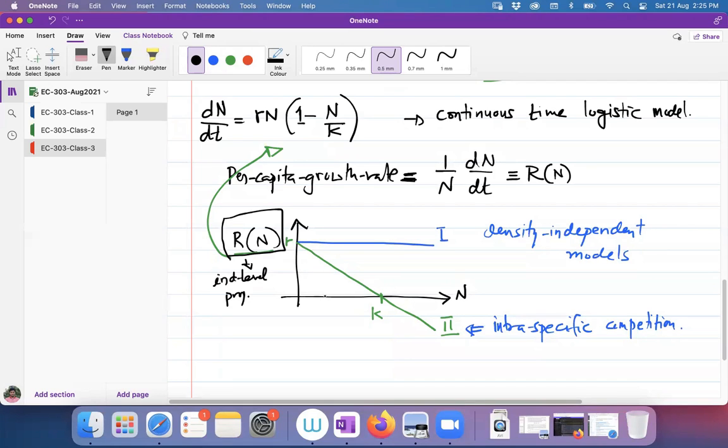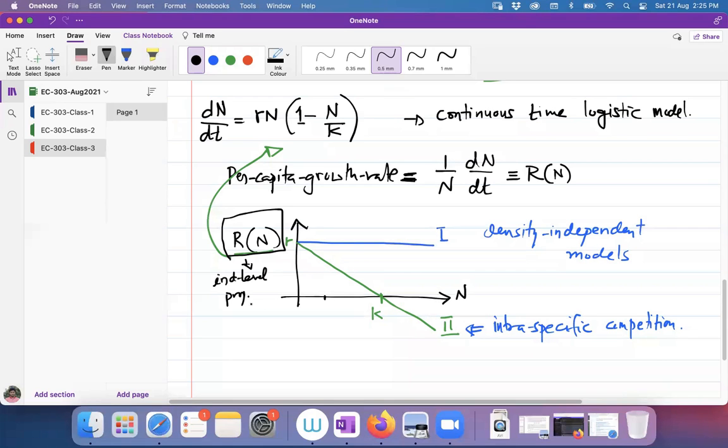So what does this say? If the population size is somewhere here, some K by 4, the growth rate of an individual will be given by the total population size in the entire system. Is that correct? In the real world? Or rather, when is it correct?